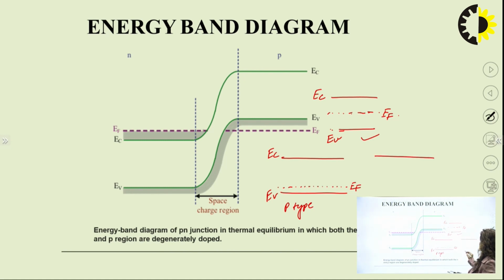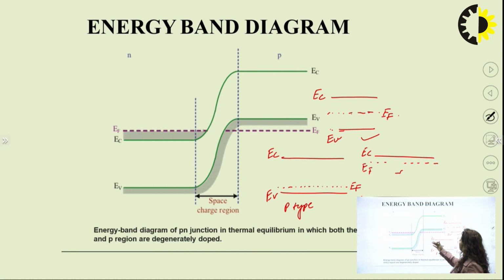But in the case of the N type, the Fermi level lies just below the conduction band. So this is your Fermi level. When you make close contact of P type and N type semiconductor, there will obviously be some energy difference created between the P type and N type.